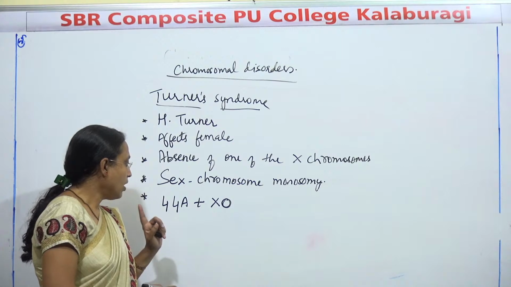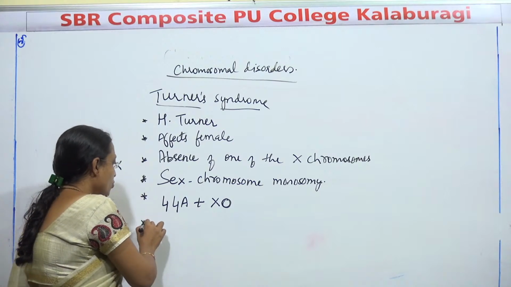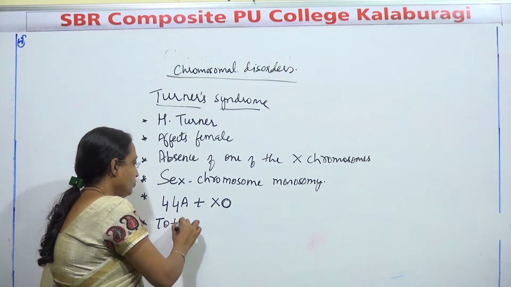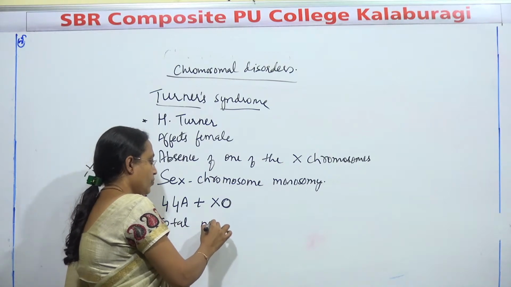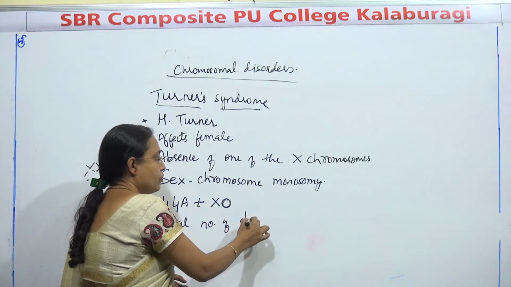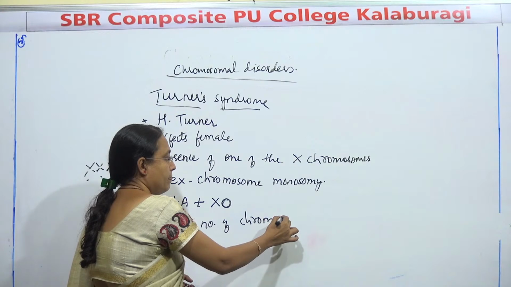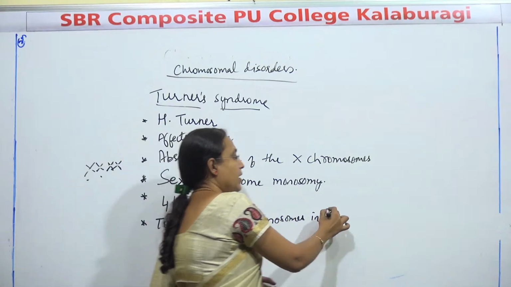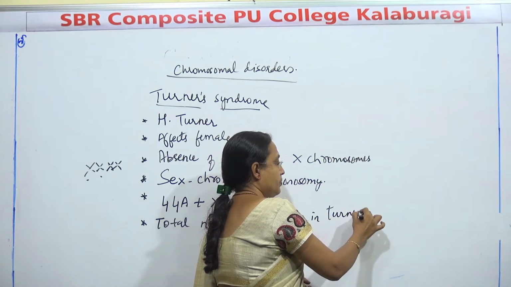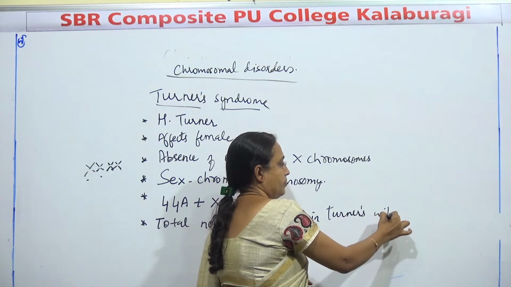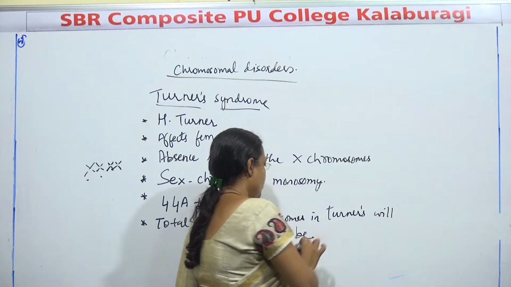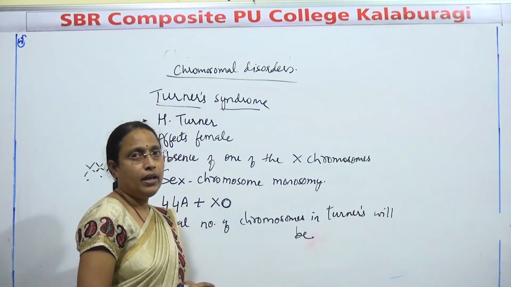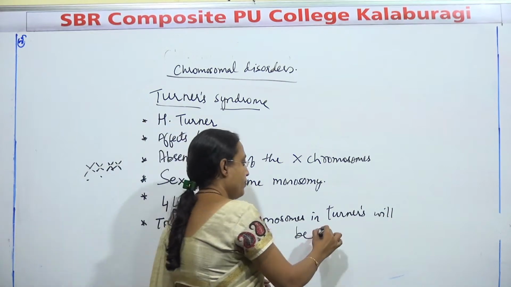Now the total number of chromosomes in Turner's will be 45.